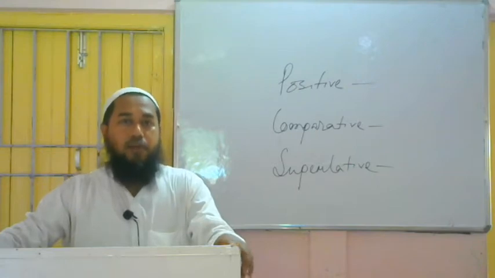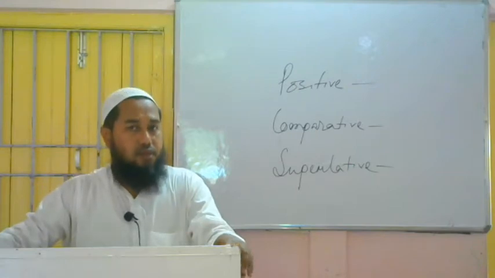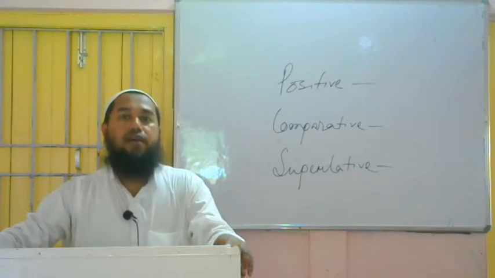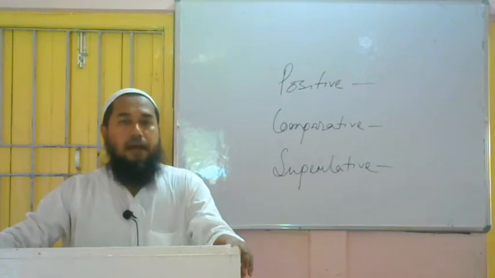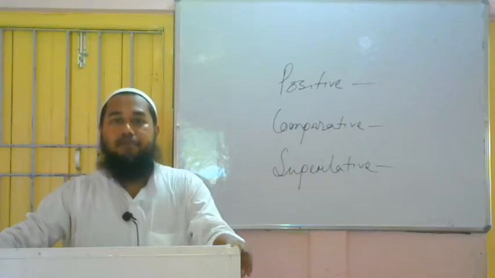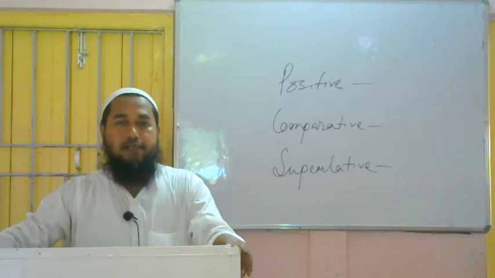In comparative degree we will get the comparative form of adjectives, that is taller, shorter, longer, more beautiful. For superlative degree, we will get the superlative form of the adjective, that is tallest, shortest, longest, the most beautiful.